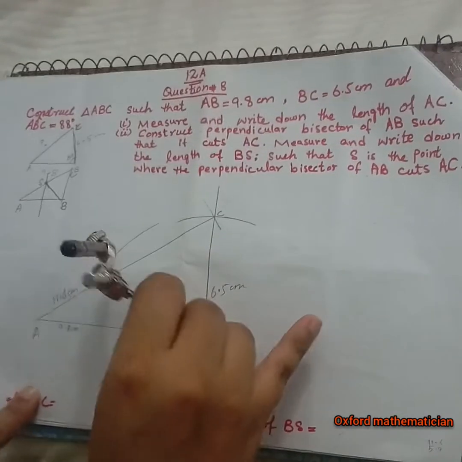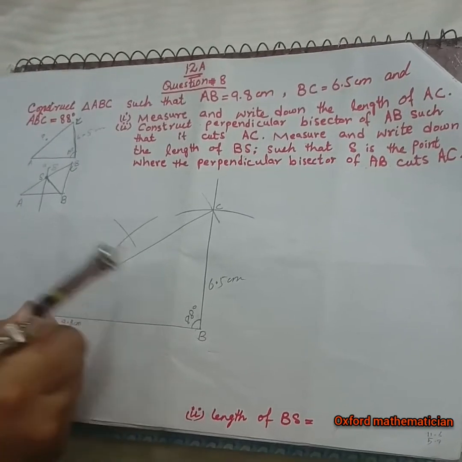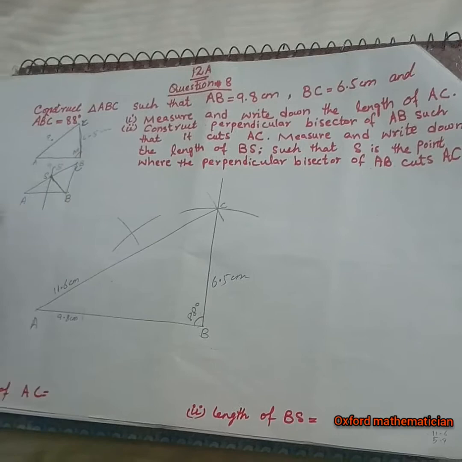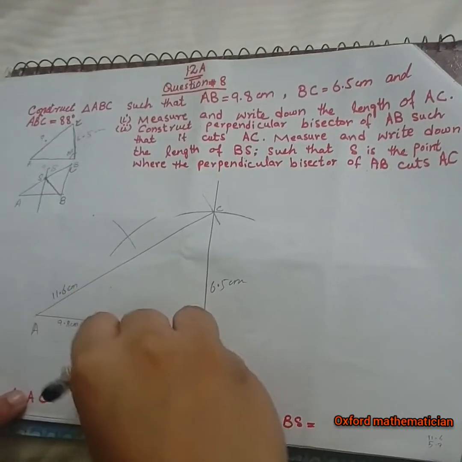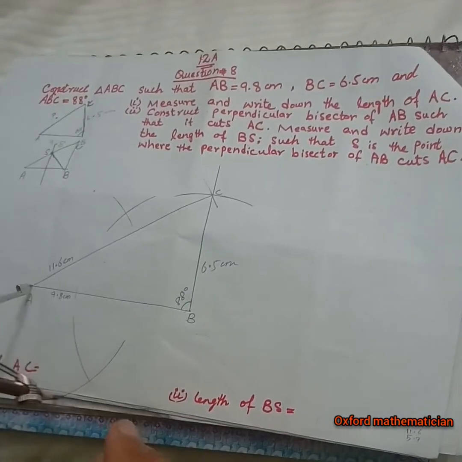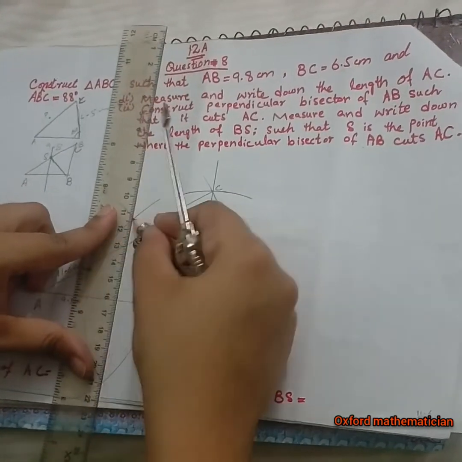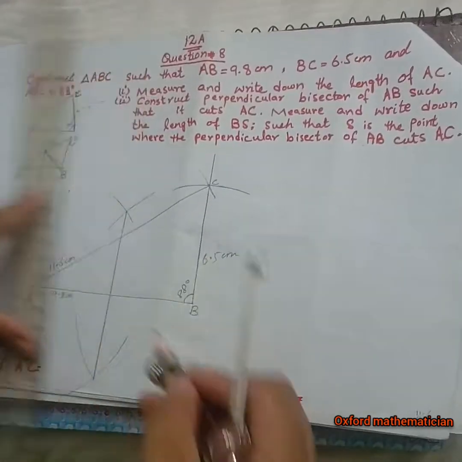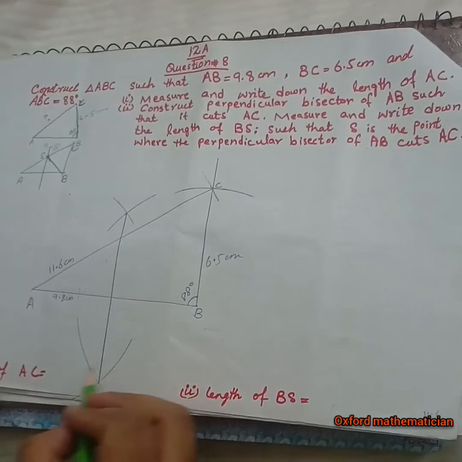Then we draw an arc at the upper part of B and the upper part of point A. Okay, now we join them. The lower part we also draw at the lower part and join them. Now this is the line we draw. And then we erase these arcs.